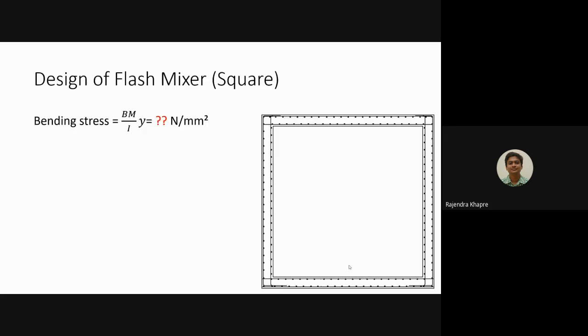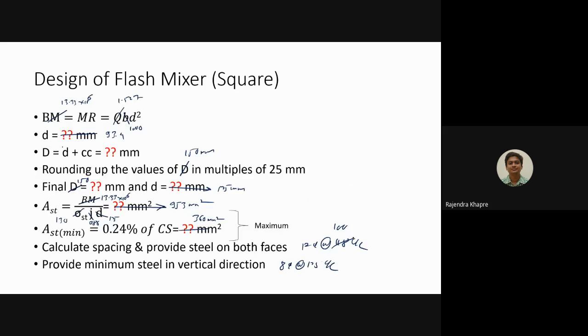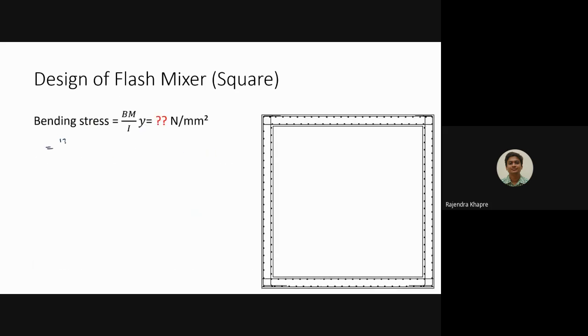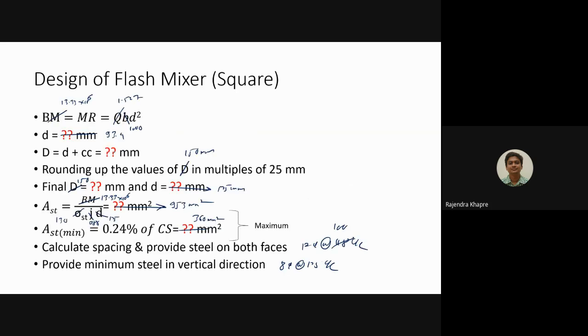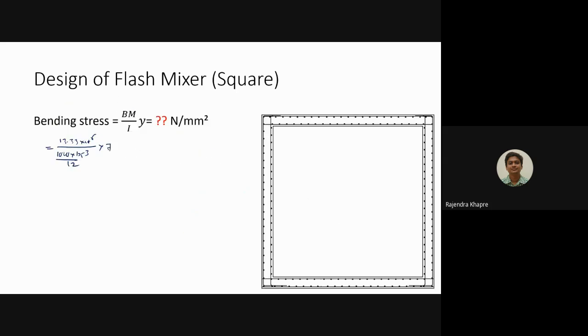Okay, so bending stress is bending moment. So bending moment value, I think it is 13.33 into 10 raised to power 6. I is BD cube by 12. So B will be 1000. Now D, your D value is, effective depth is 125, right? 125 cube divided by 12 and the distance of the farthest fiber. So the thickness is 150. So this will be 75.